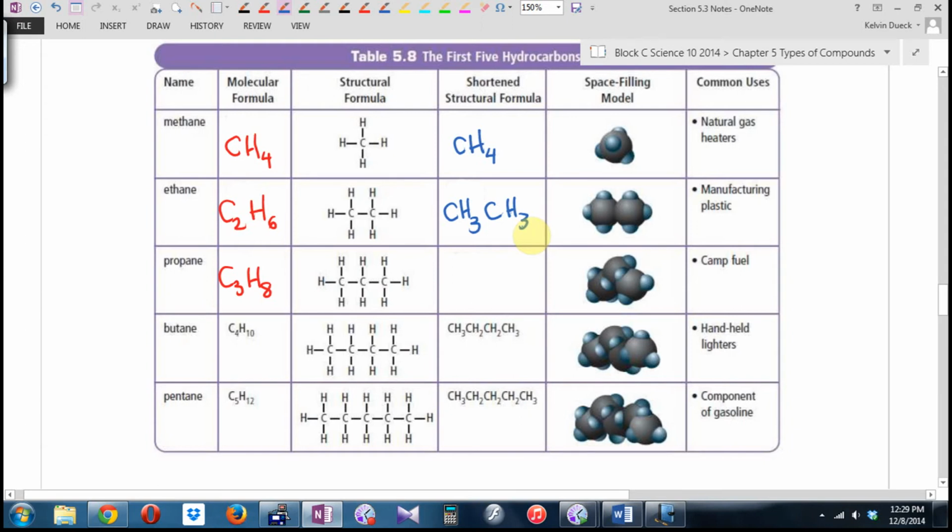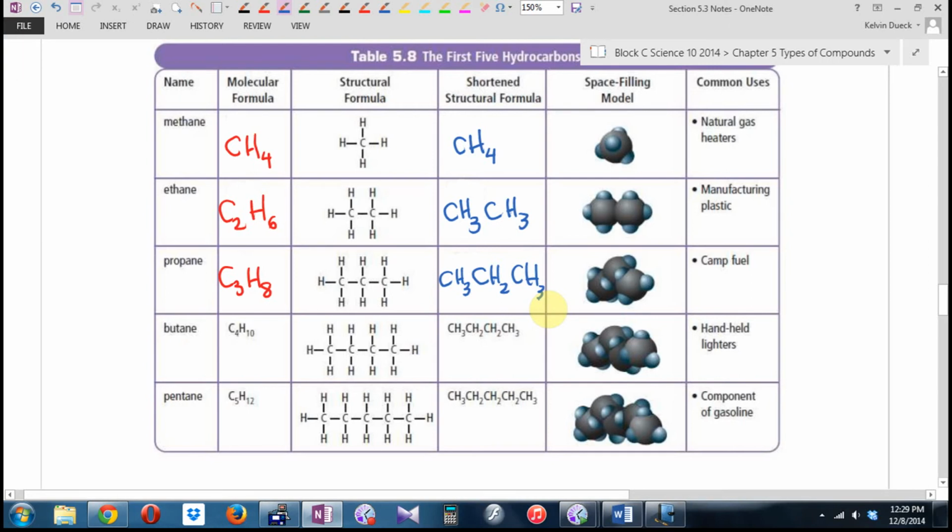Right? What would the shortened structural formula be for propane? CH3, CH2, CH3. And it keeps going.